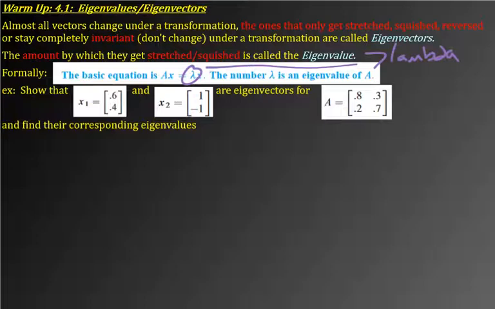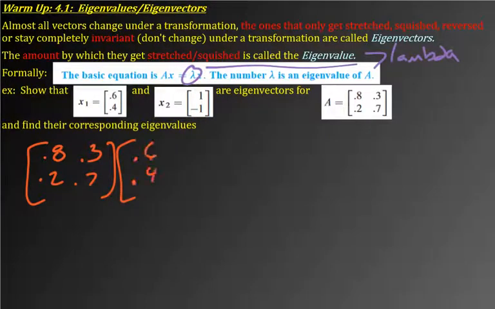So just to show this, I'll do one of them for time reasons. These are eigenvectors for this matrix. So we see here 0.8, 0.2, 0.3, 0.7, and we multiply that by 0.6 and 0.4. If we do this multiplication out, we get that.